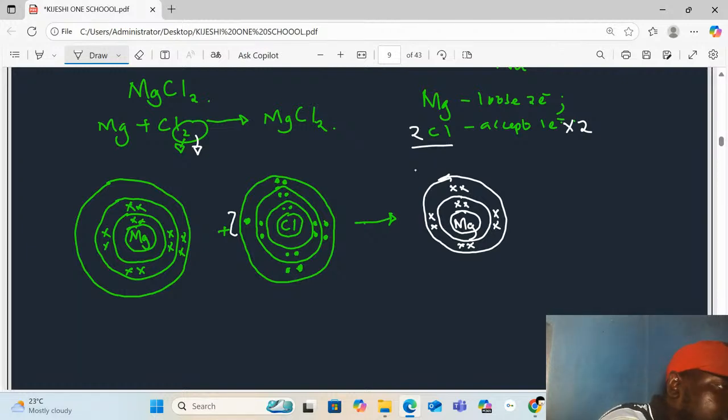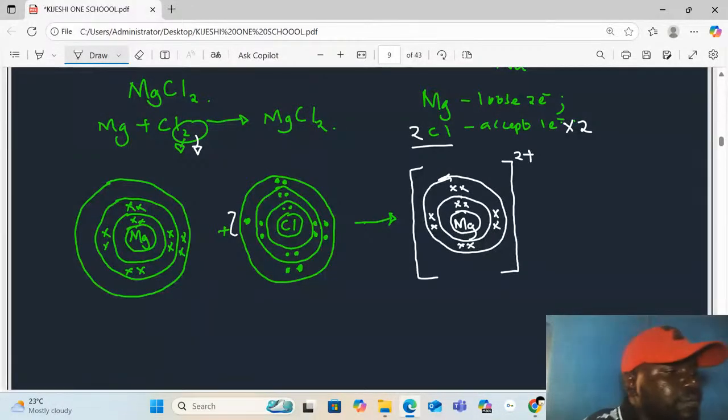Then if you get back to this, because it is an ion that is being formed, it will be like this. What is the charge? It is +2. But when you are showing the ion, you start with the number like this.